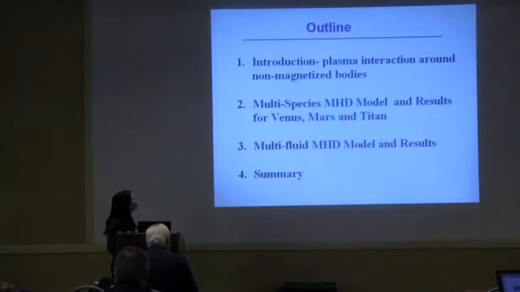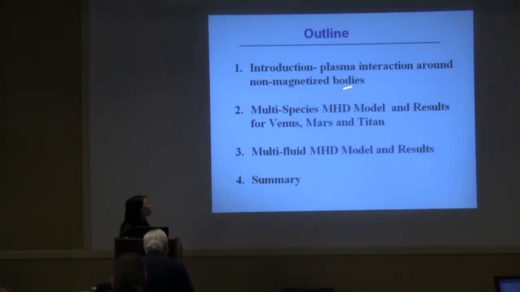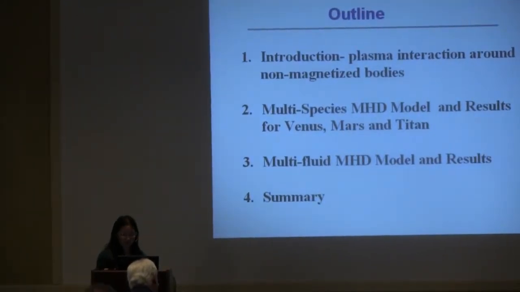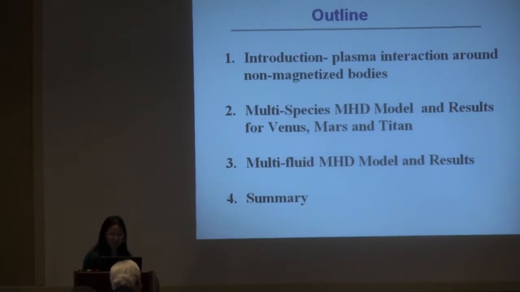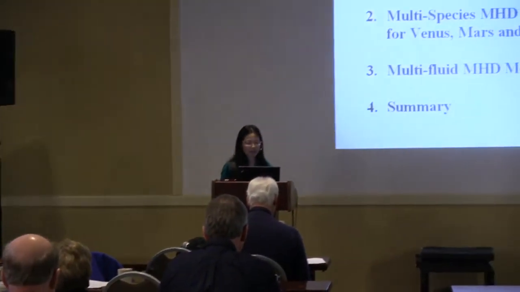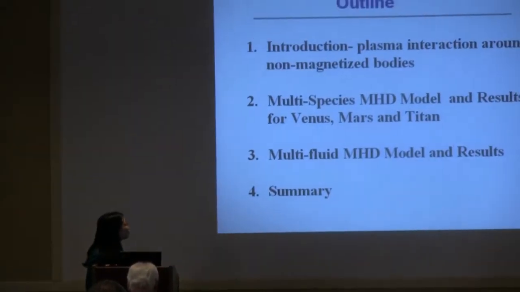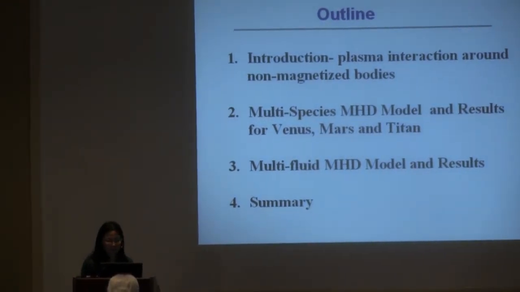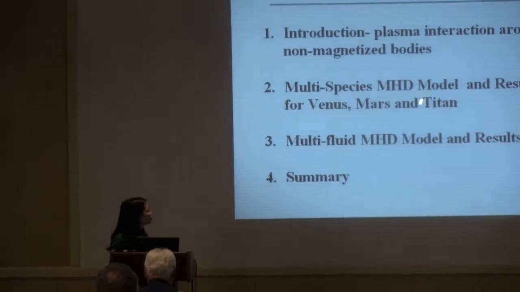So here is the outline of the talk. First, a very brief introduction, as many of the characteristic or important things have been discussed yesterday by Tom and Andrew when they discussed interactions around those non-magnetized obstacles. So I'm going to focus on the model, which is a global multi-species MHD model that we have applied to Venus, Mars, and Titan.